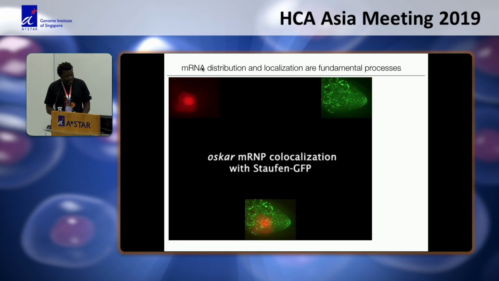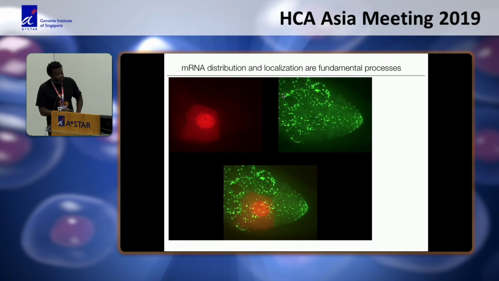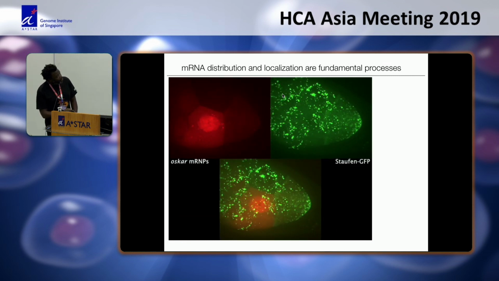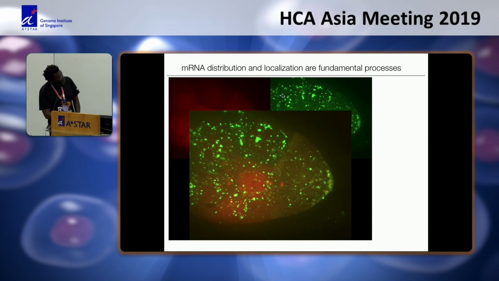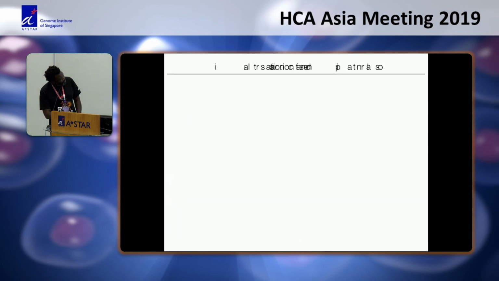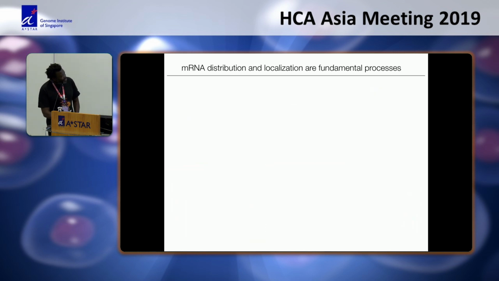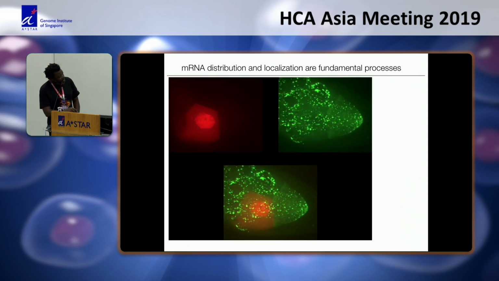Intrinsically, I think this question came up for me when I was working a lot on fly development. Here we can see a protein in green, which is called Staufen, and Oskar, which is a messenger RNA, which is made in this cell and then seems to traffic into what will become the future embryo, into this compartment.